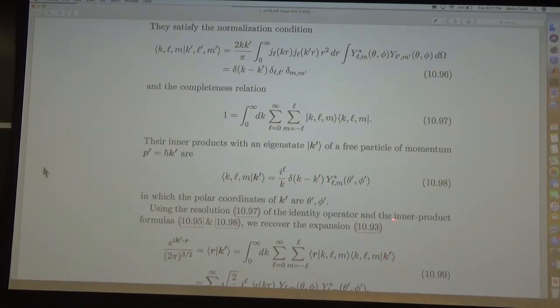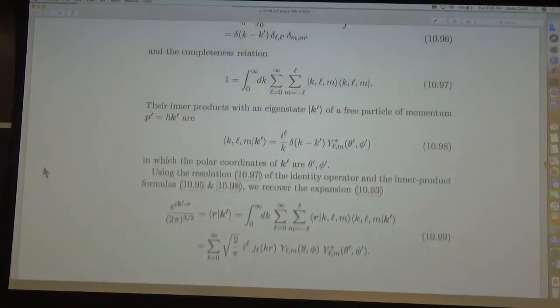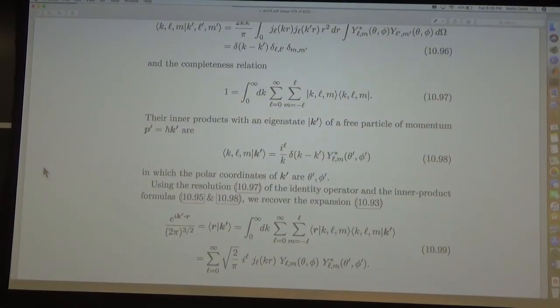And so now if you use this expression and the earlier formulas, in particular this one, you can write e to the i k prime dot r, which is the inner product of the bra r with the ket k prime. You write it this way, and that means that you have to sum over L and M and integrate over K. This one gives you the j_l of kr, this Y_LM.